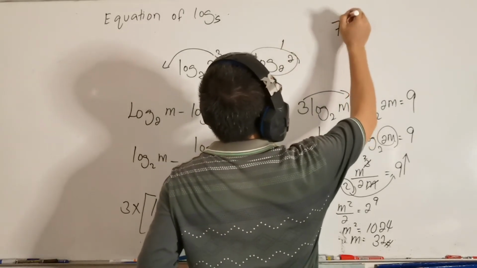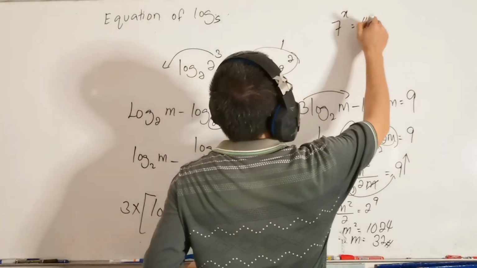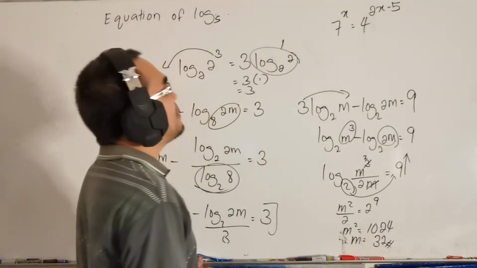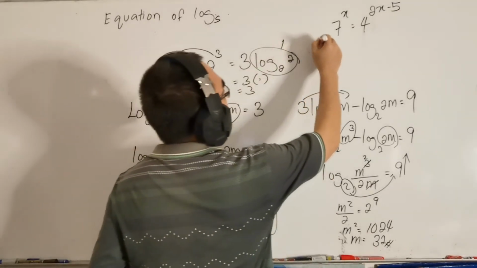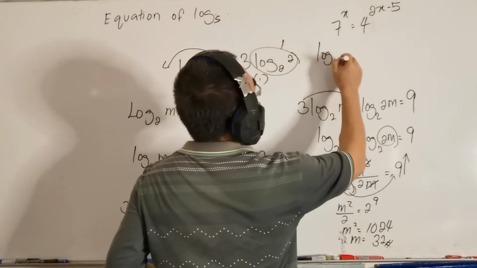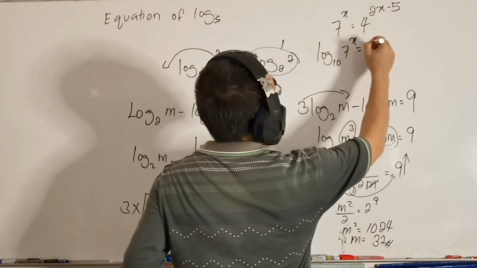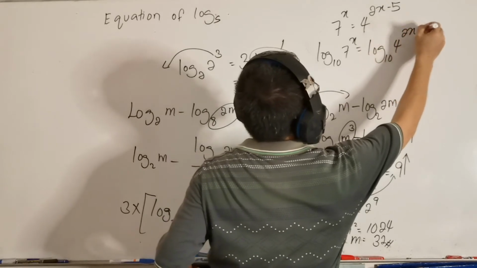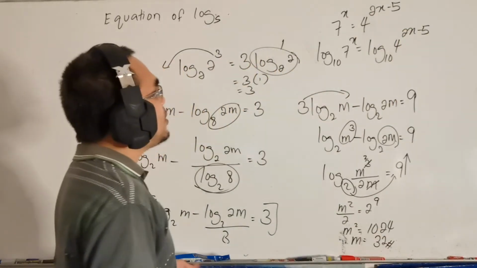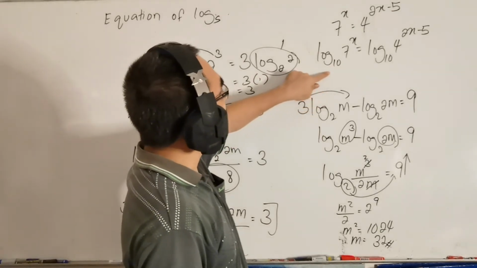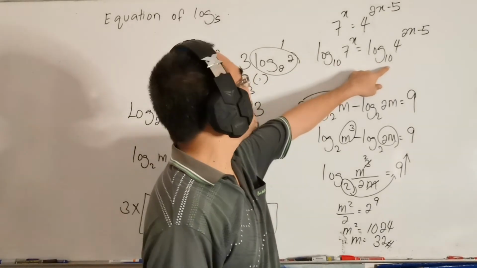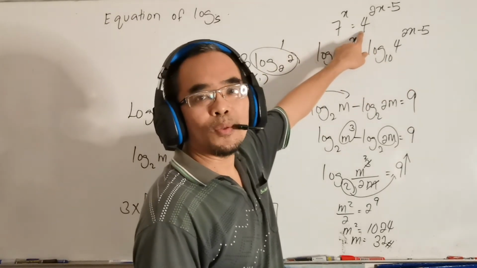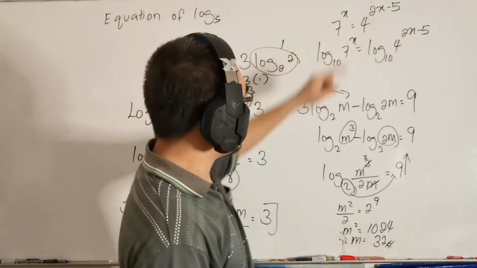So we have 7 power x equals 4 to the power of 2x minus 5, for example. So you write down log 10 7 power x equals log 10 4 to the power of 2x minus 5. So similarly, if you have log on the left side and on the right side, you can just cut both of the logs, then you can get back to this pattern.